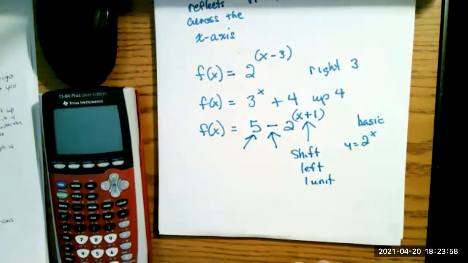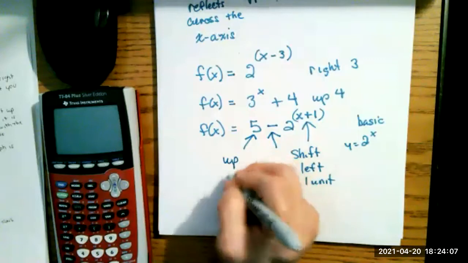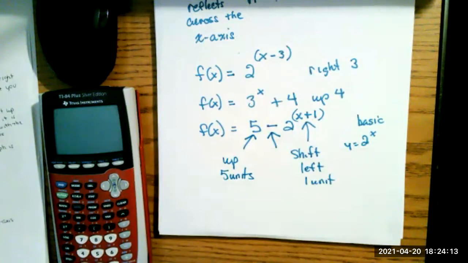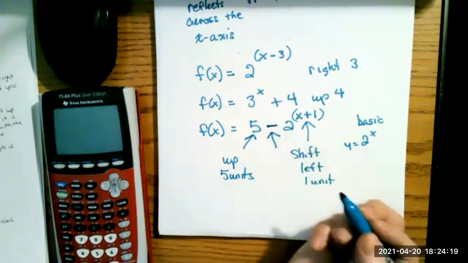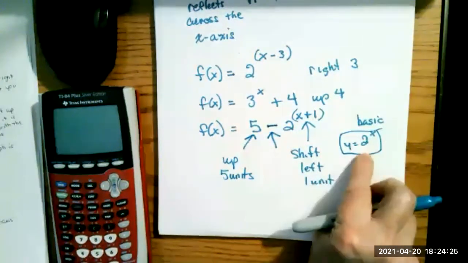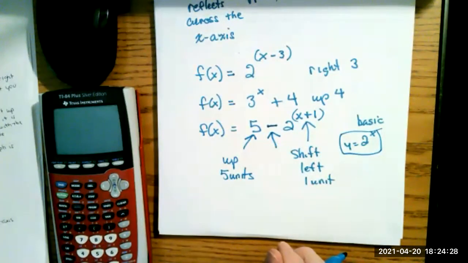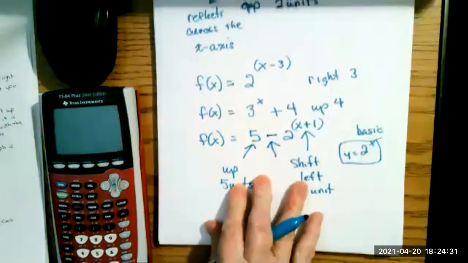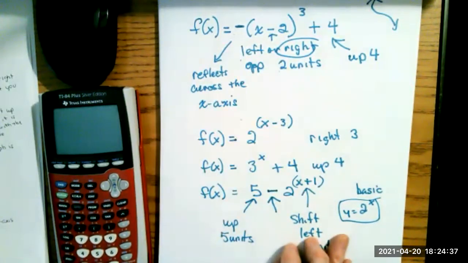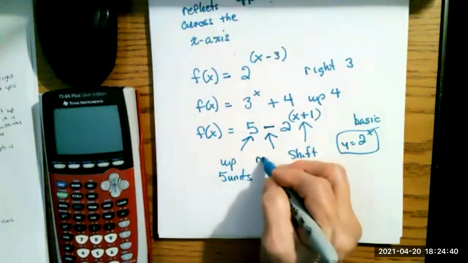What is the 5 going to do? Up 5 units. And this minus in front of the 2, what is it going to do? That's a reflection. The 2 is part of your equation that is your basic one, an exponential. This reflects across the x-axis.